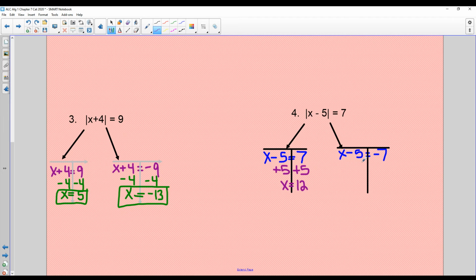And then here you're going to undo -5, so you're going to add 5. And what is -7 plus 5? Hopefully you said -2. All right, and that's what you do when the x is not by itself inside the absolute value.